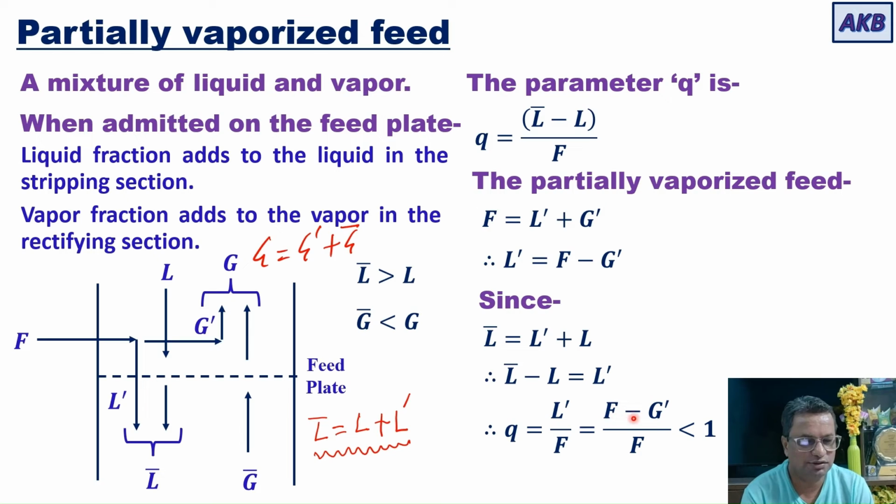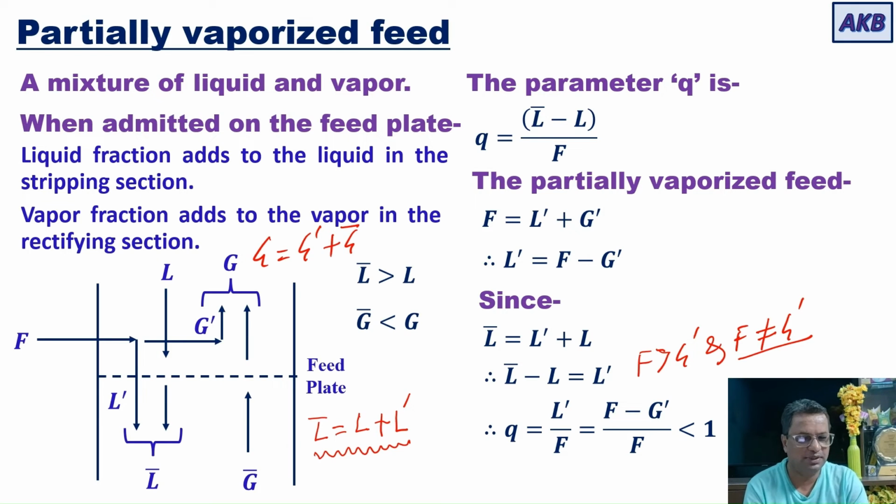F will not be smaller than G dash because it will have a liquid part also. I mean to say that F will always be greater than G dash, and that means F will not be equal to G dash.